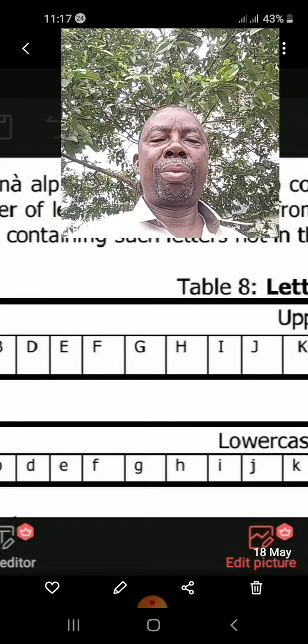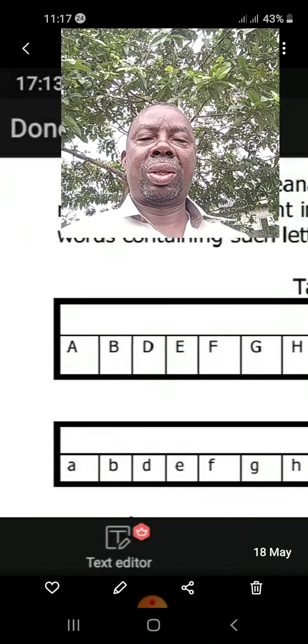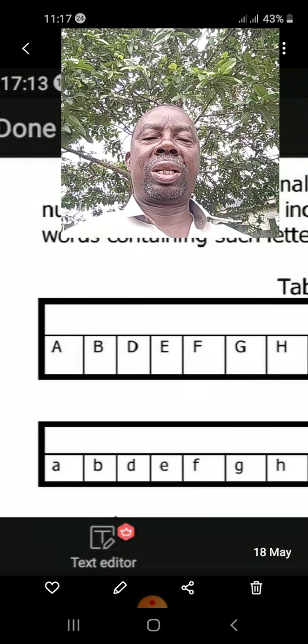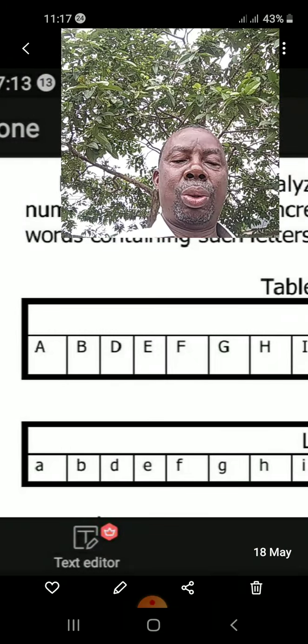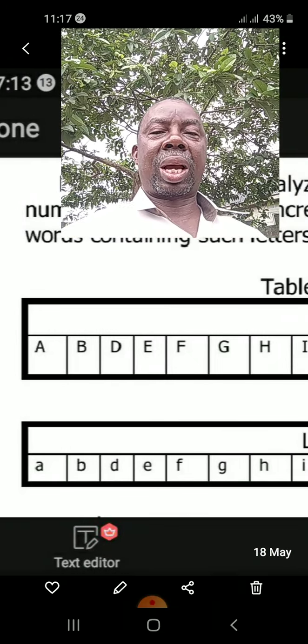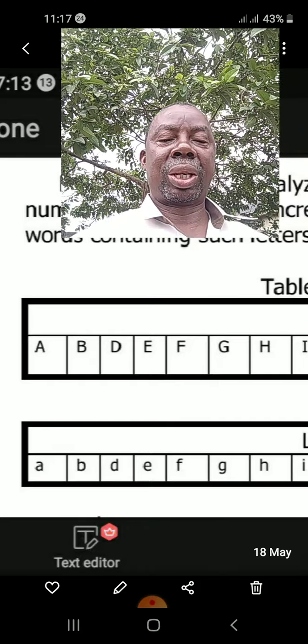Why should I present these letters? I have to present these letters to show you that these are the written symbols in Kana.